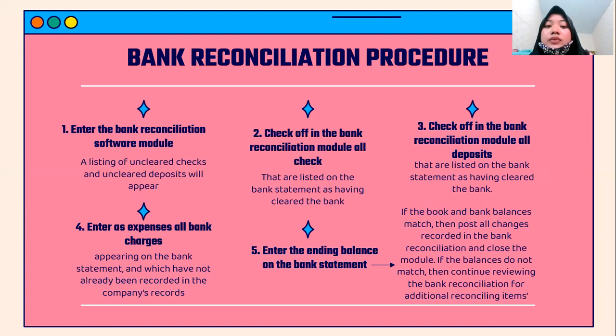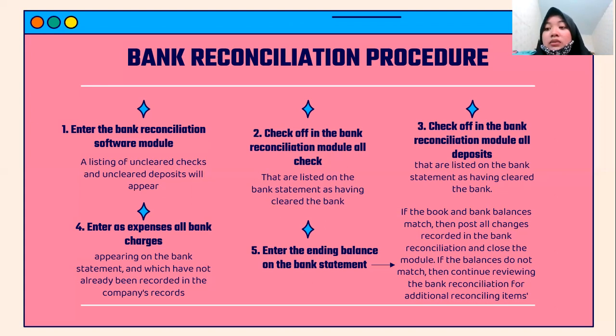Then the checks that are listed on the bank statement as having cleared the bank. The third is the deposits that are listed on the bank statement as having cleared the bank. The fourth, expenses all bank charges appearing on the bank statement and which have not already been recorded in the company's records.